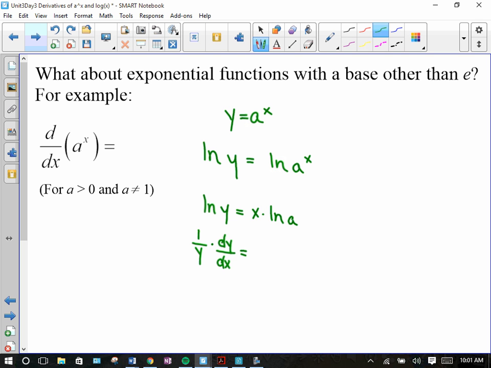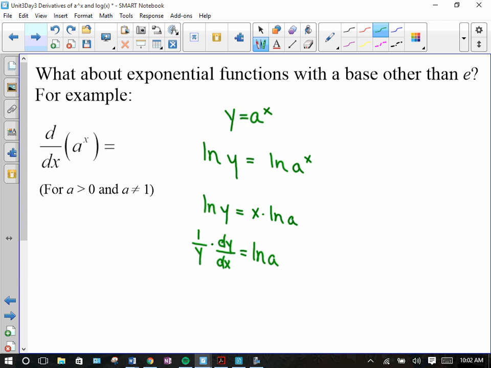Just keep in mind that x times natural log of a, where a is a number. So it's like the natural log of 4. Is it a number? It is. You'd have to look on your calculator. So it's some number times x. What's the derivative of something like that? The number. So the derivative of this is natural log of a.